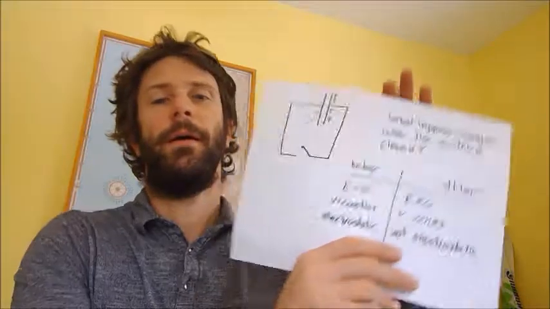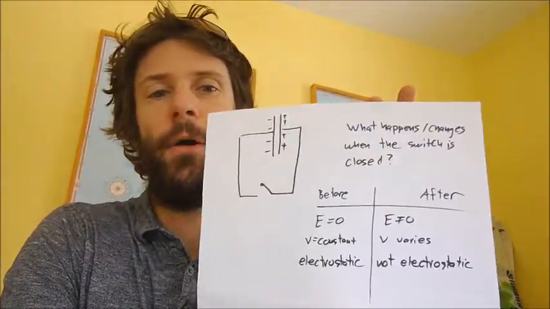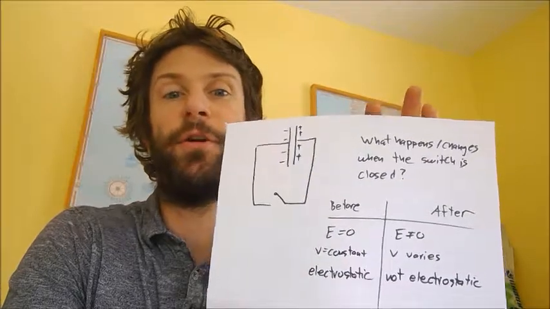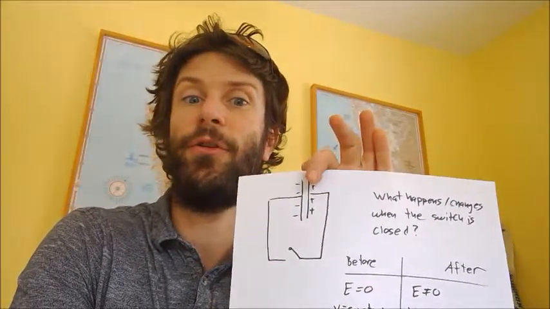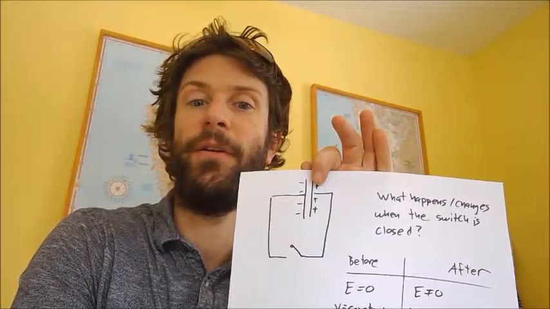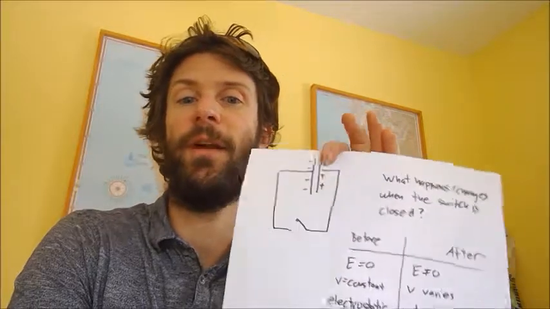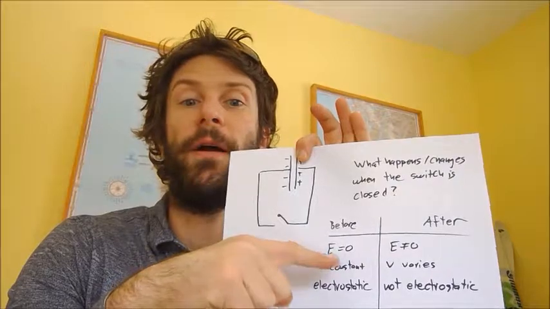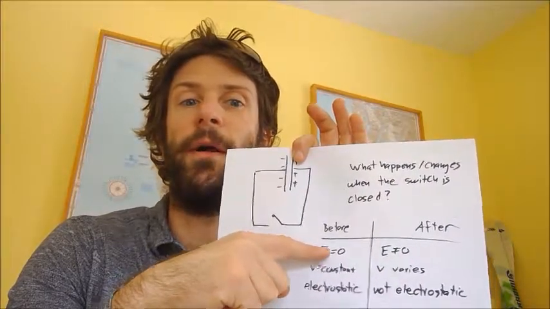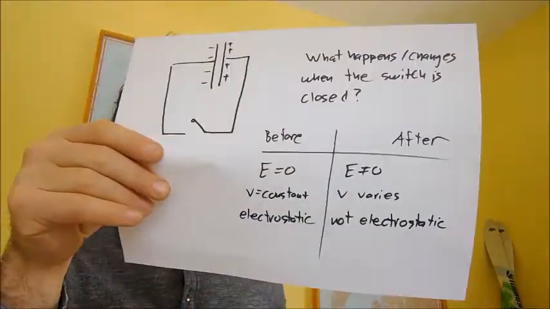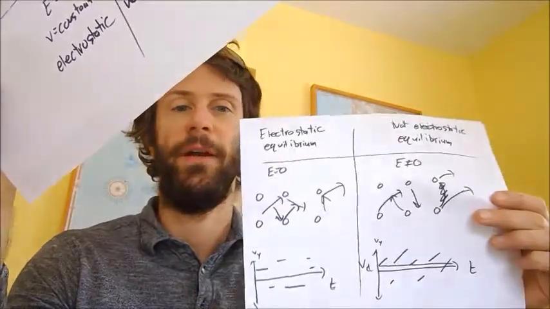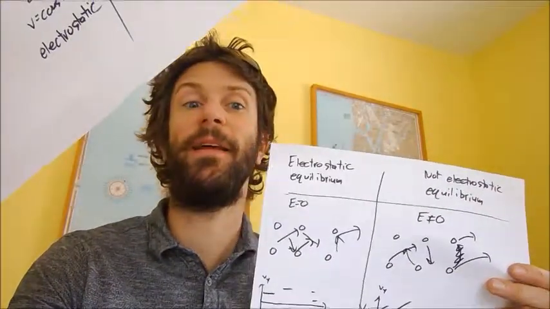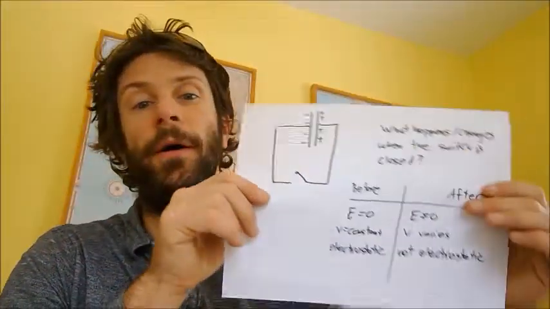So taking a look here, what changes when the circuit is closed. So I have a charged capacitor, positive charges and negative charges on one side. If I were to close the switch before electric field is 0, that's going to be kind of this situation. Afterwards, electric field in the conductor is not 0.